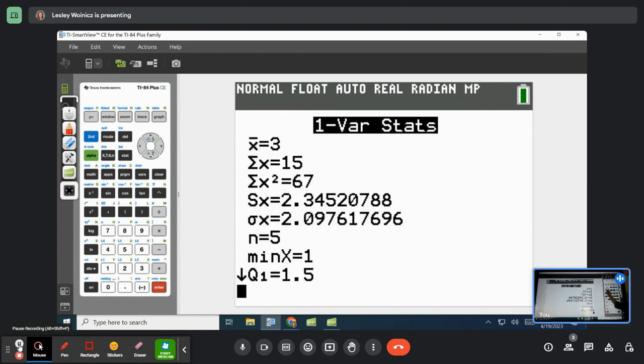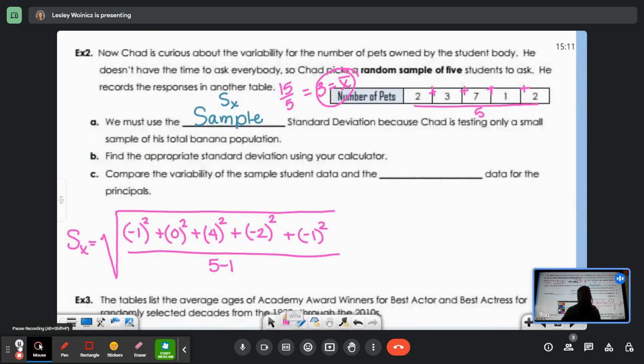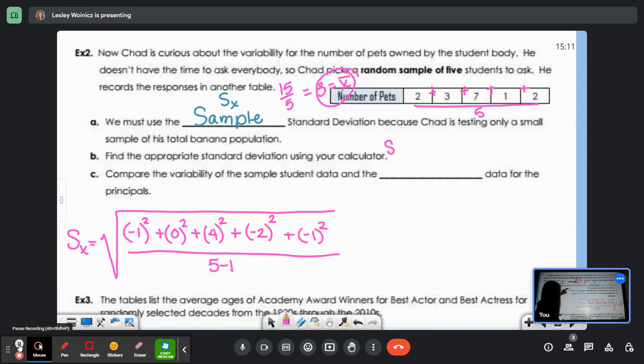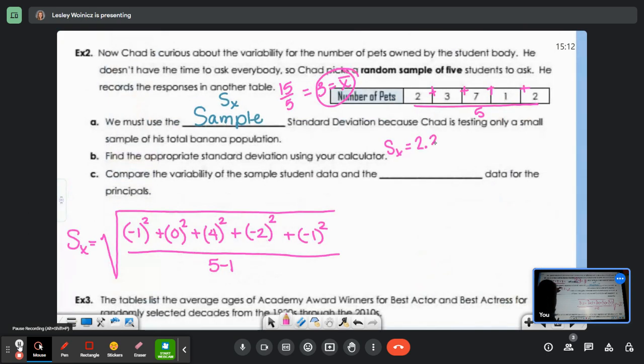Okay, so you can see all of the stuff here. Which standard deviation do we want? We did it in pink. S sub x was 2.345. Thank you.